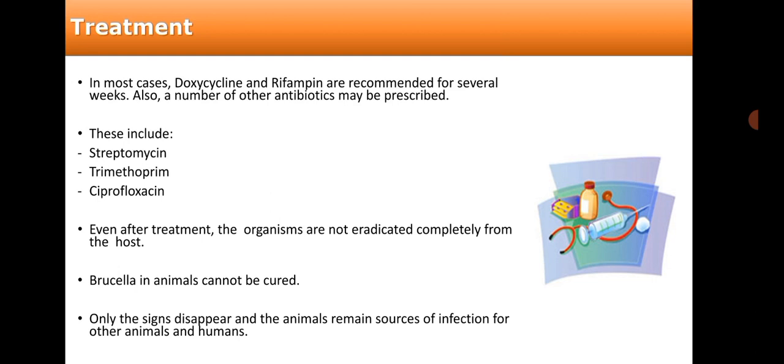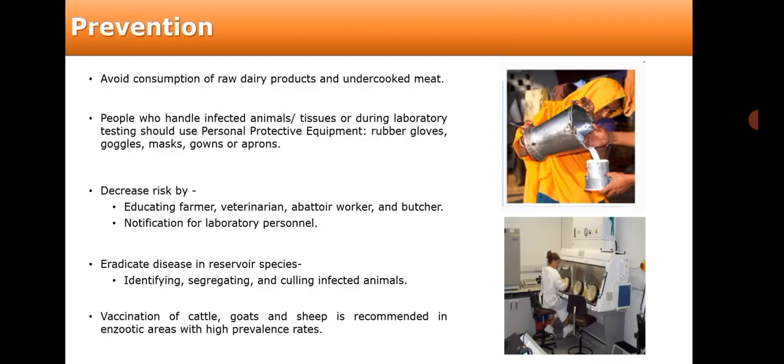This decreases the risk by educating farmer, veterinarian, abattoir worker and butcher, and notification of laboratory personnel. Eradicate the disease in reservoir species by identifying, segregating and culling of infected animals. Vaccination of cattle, goat and sheep is recommended in enzootic areas with high prevalence rate.